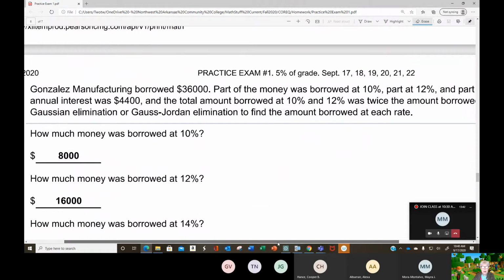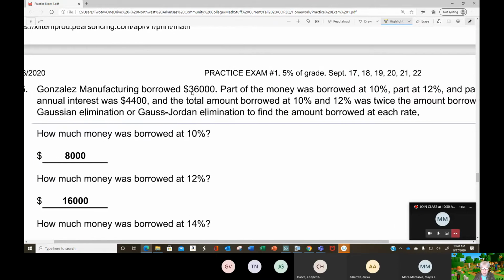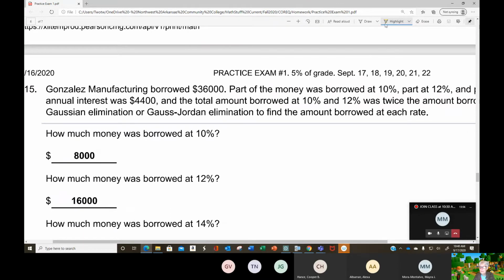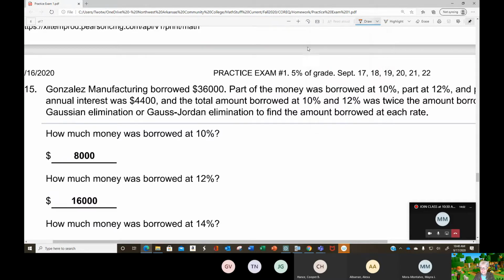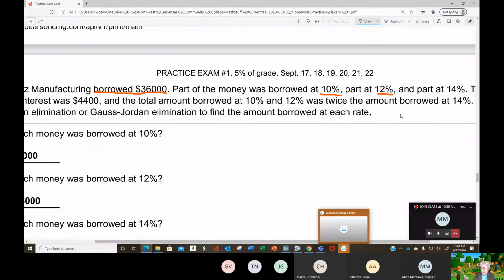Number 15, Gonzalez Manufacturing borrowed $36,000. Oh, I remember this one. I wonder if the highlighter will work now. No, it just has not been working. Let's do orange. They borrowed $36,000, and part of this money was borrowed at 10%, some at 12%, and some at 14%.